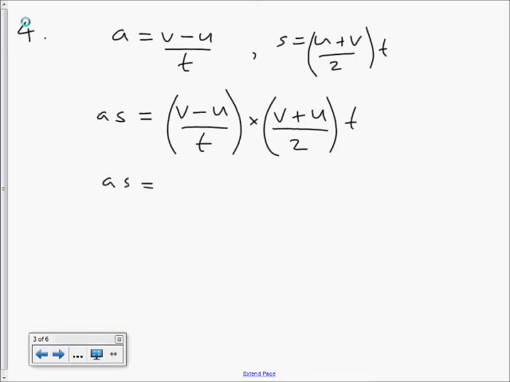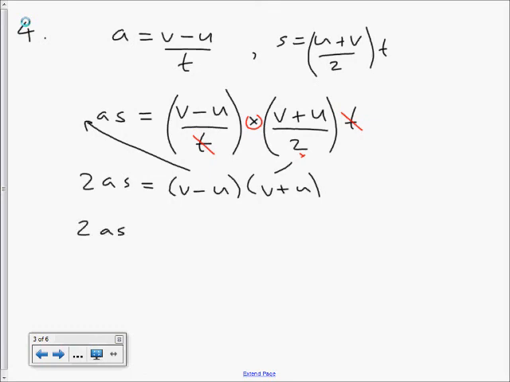as equals, now we've got a product on the right-hand side, multiplication here, so that t and that t effectively can be cancelled out. And what are we left with? We've got a 2 on the bottom line over here. So let's choose to take the 2 up over here. So we get 2as, and that equals (v minus u) times (v plus u), and all you wonderful mathematicians will recognize that as a difference of 2 squares.